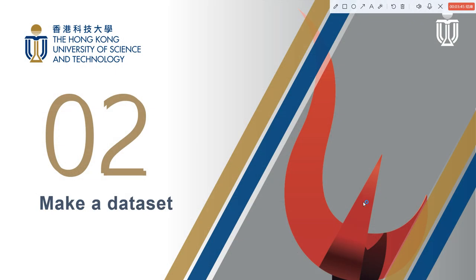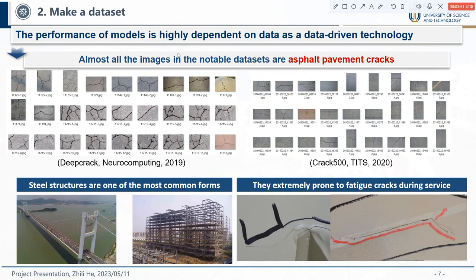Okay then, let's move on to the second part, make a dataset. The performance of models is highly dependent on data as a data-driven technology. However, almost all the images in the notable datasets are asphalt pavement cracks, such as DeepCrack in 2019 and Crack500 in 2020.